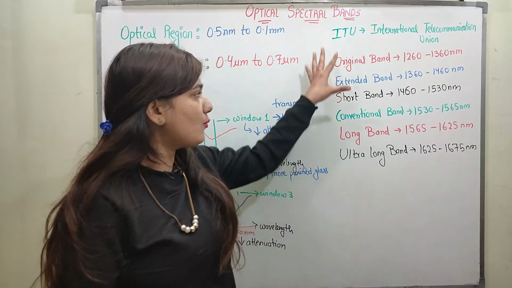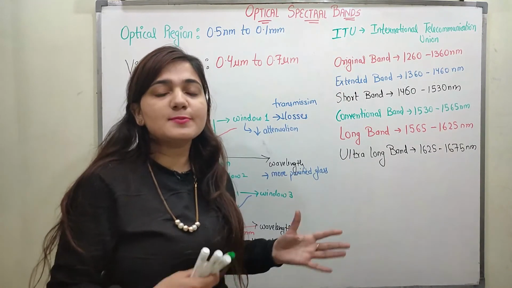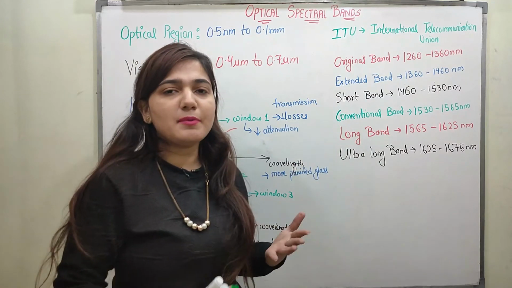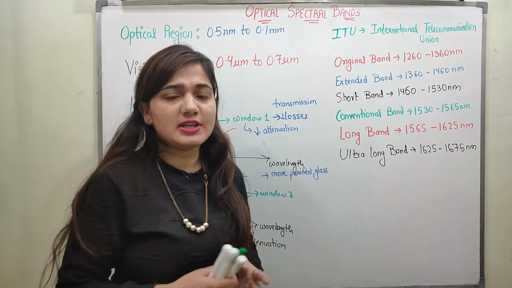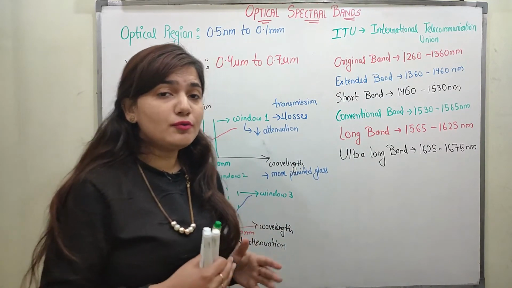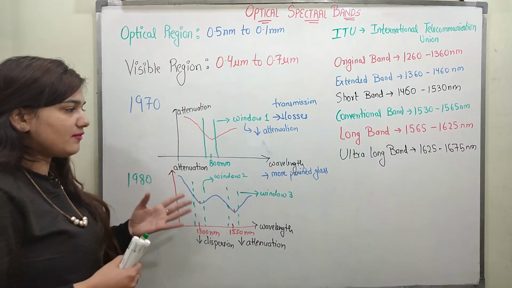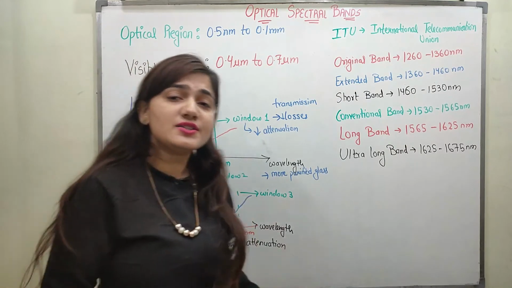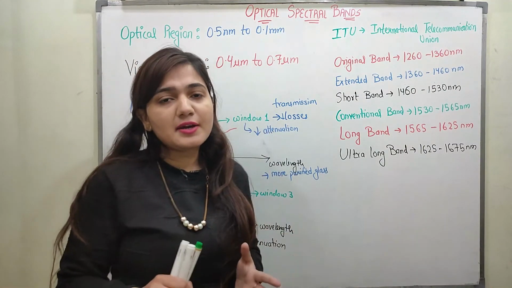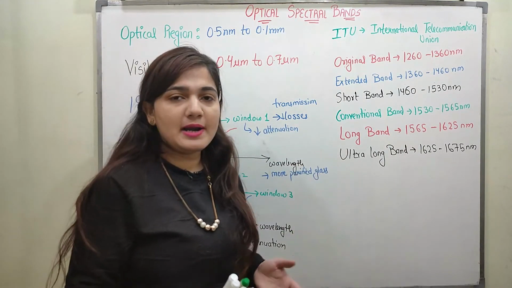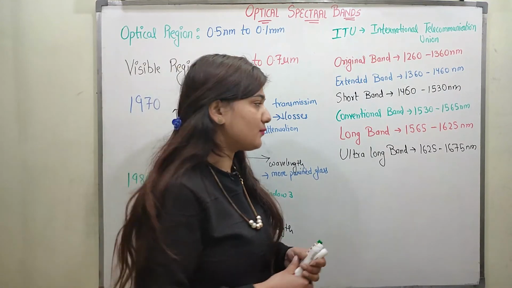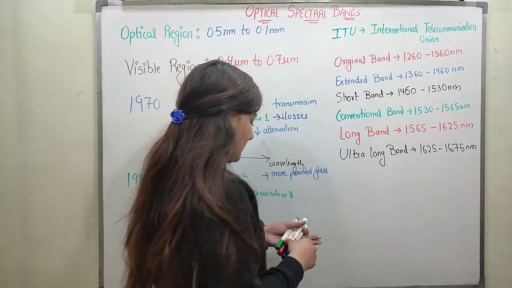So this is how we have 6 bands specified by ITU, and over these bands we can perform our optical communication. We have to see at which wavelength we get the lowest attenuation or the lowest transmission losses, and accordingly we can select which band to operate our optical communication system in. How to remember these bands?